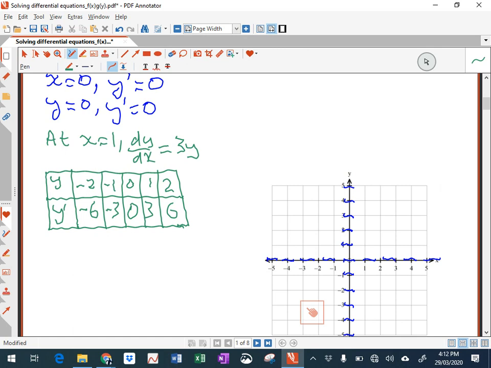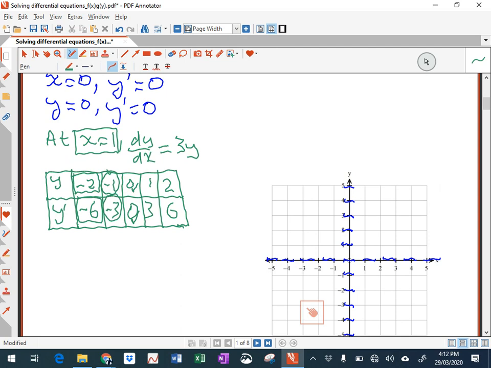So if we were to sketch that on the number plane, let's have a look at x equals 1. At y equals -2, the derivative is -6. So if I went to (1, -2), I'd get -6 for the gradient. If I went to x equals 1 and y equals -1, the gradient would be -3. Then y equals 0 and x equals 1, the gradient would be 0.